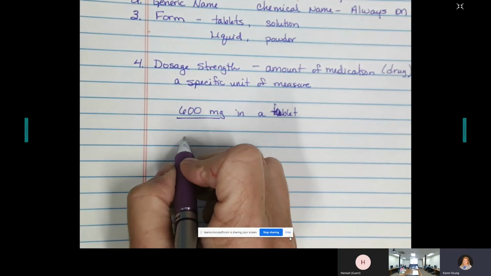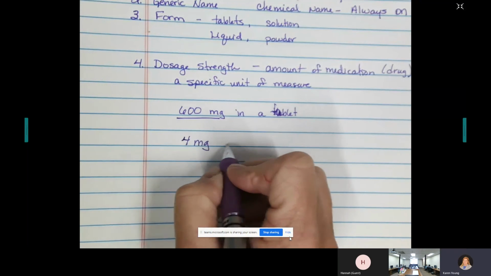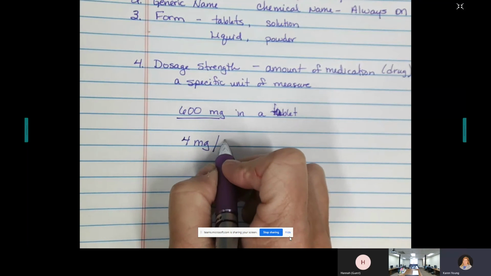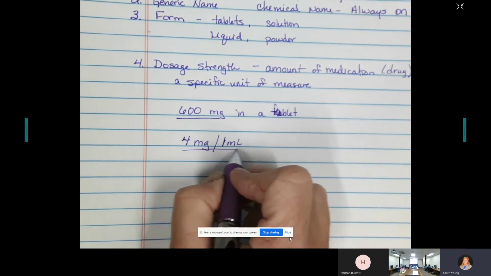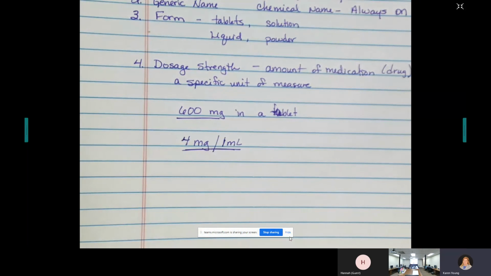I might have 4 milligrams in 1 milliliter. This whole thing would be my dosage strength. Because for every milliliter, I'm going to have 4 milligrams. I may have 5 milliliters in that vial, but each milliliter is going to have 4 milligrams.